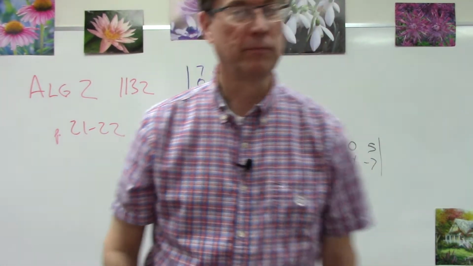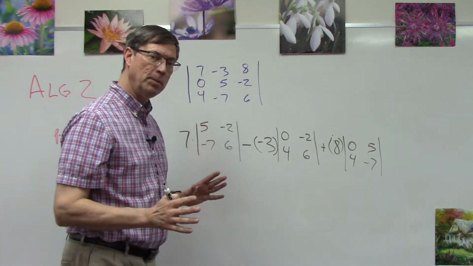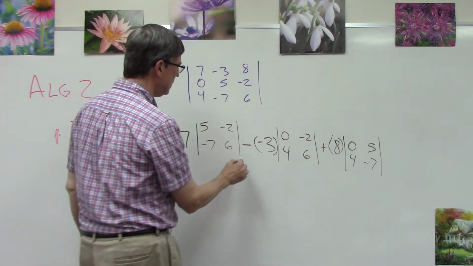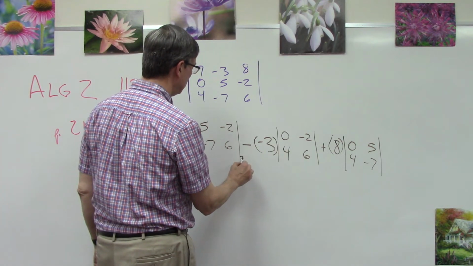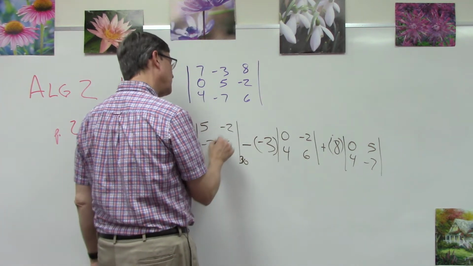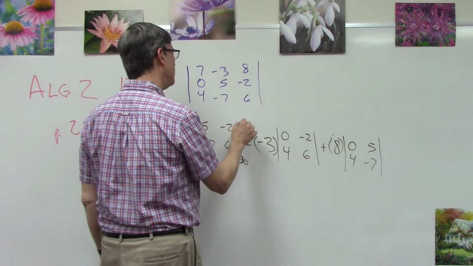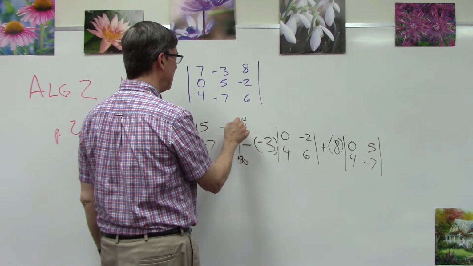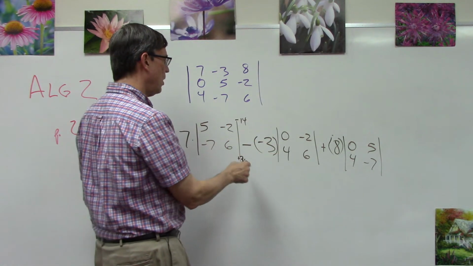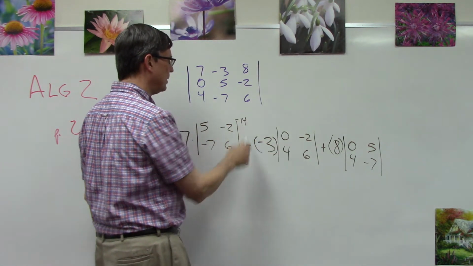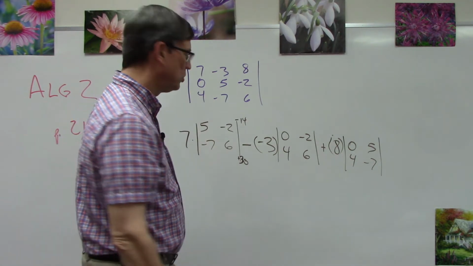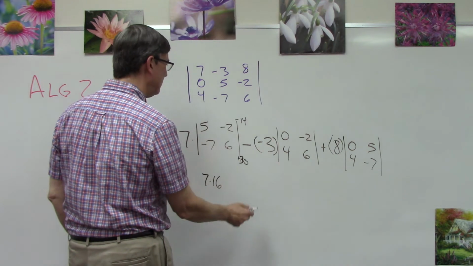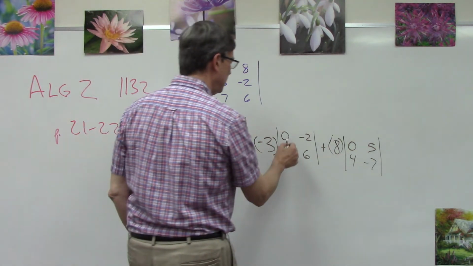All right. Now, we're doing determinant, okay? So we're taking 5 times 6 is 30. Whoops. -7 times -2 is 14. I want this to stay positive. I'll make that negative. All right, when I add 30 plus -14, you should get 16. All right, so we're doing 7 times 16. Let's do this.